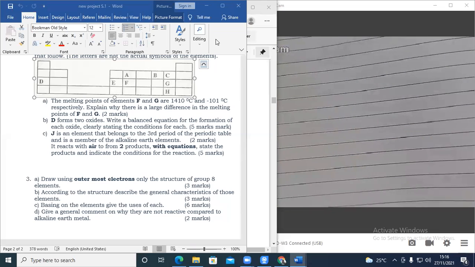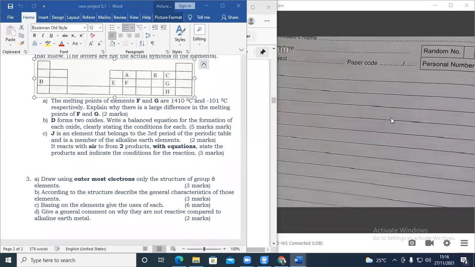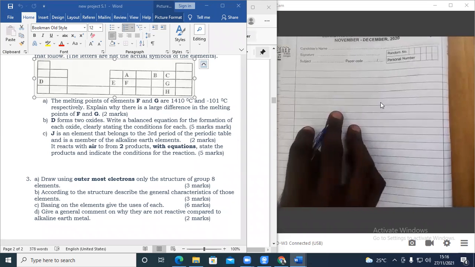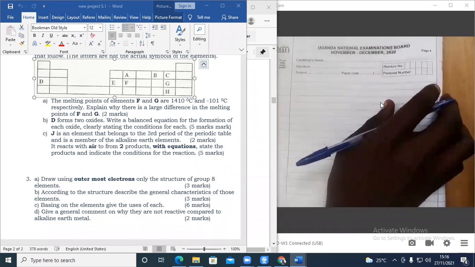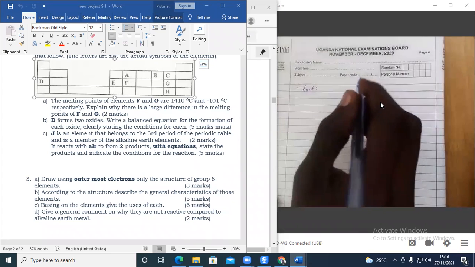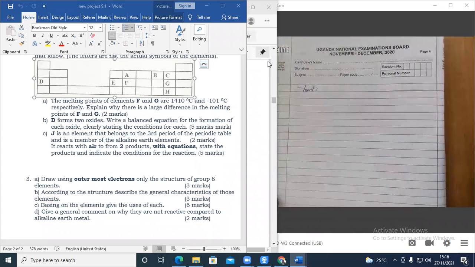For me, I discovered that for noble gases, the outermost shell is full and they are stable. So they don't react. They are inert. Yes, good. Very good. So where are those noble gases? Give us some examples.